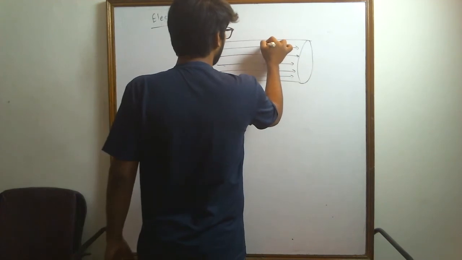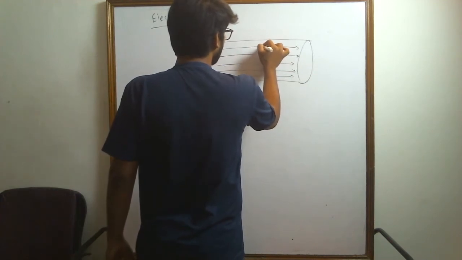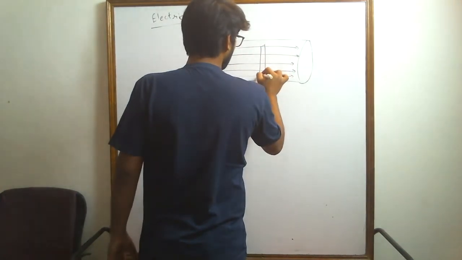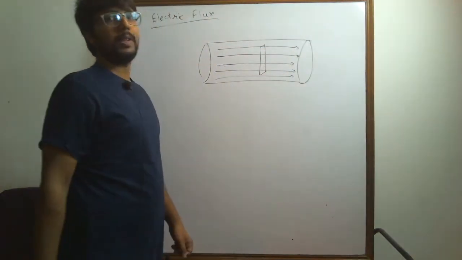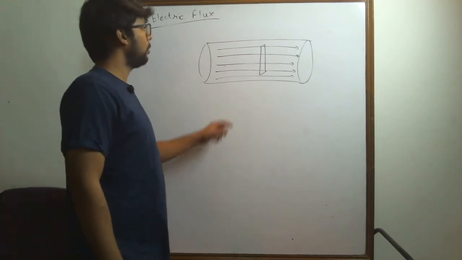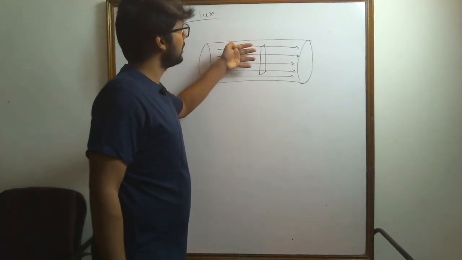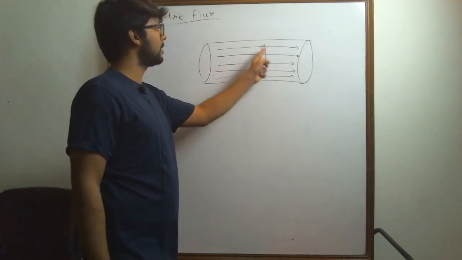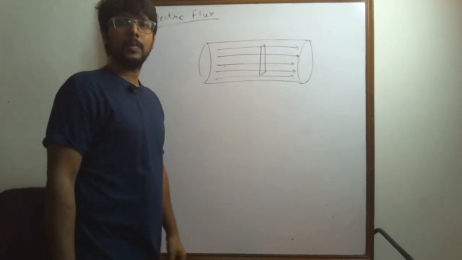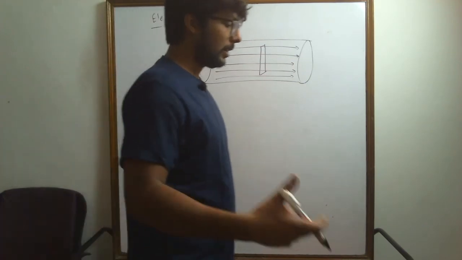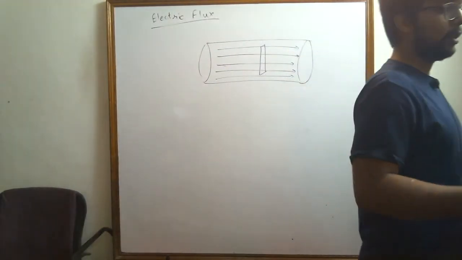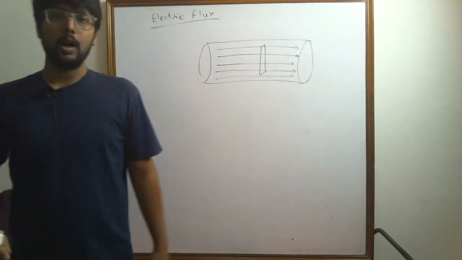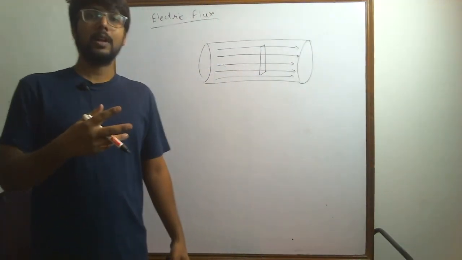Right? When my direction of electric field is this way in this cylinder, I want to figure out that if I take a part of this cylinder, part of an area of this cylinder, I want to know what is the strength of electric field in this area, right? Now flux in common terminology is used for fluids which are passing through any body, right?